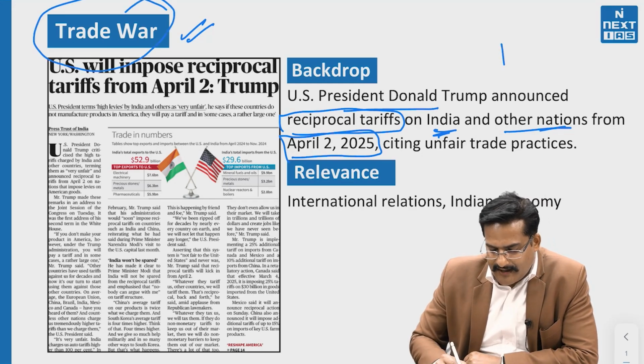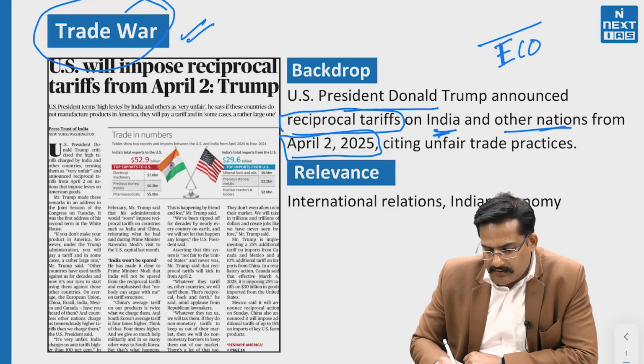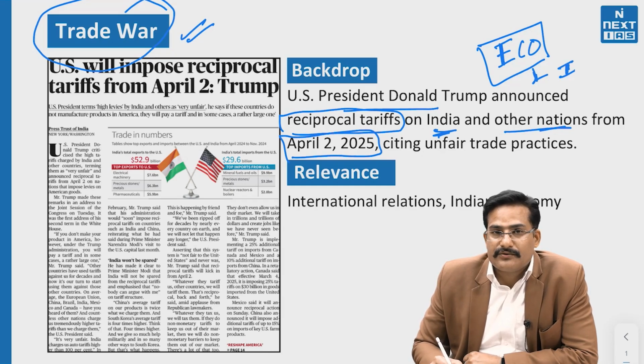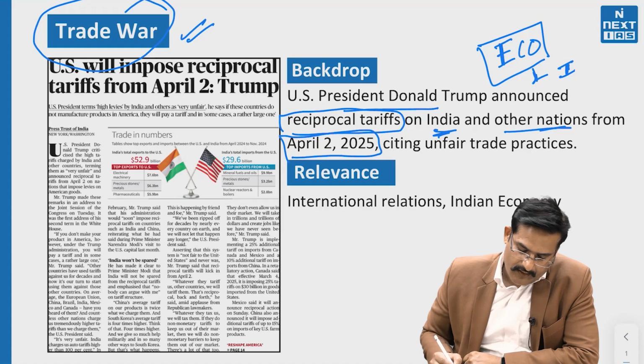We are not discussing the economic aspect of the tariffs, but we are discussing the other aspects. For example, how it can lead to a recession, or it can lead to disruption, or it can lead to a realignment in the world order, right?